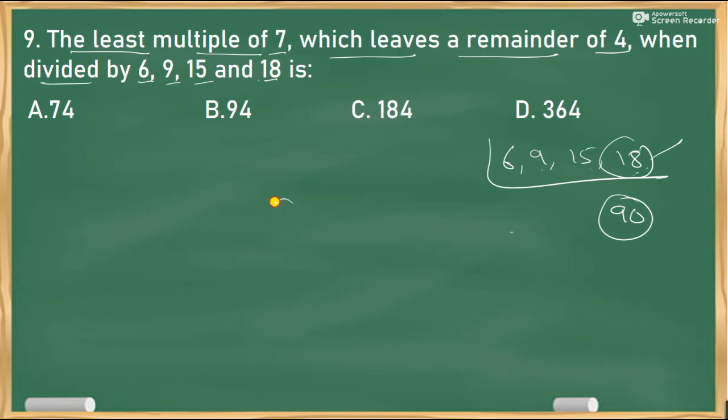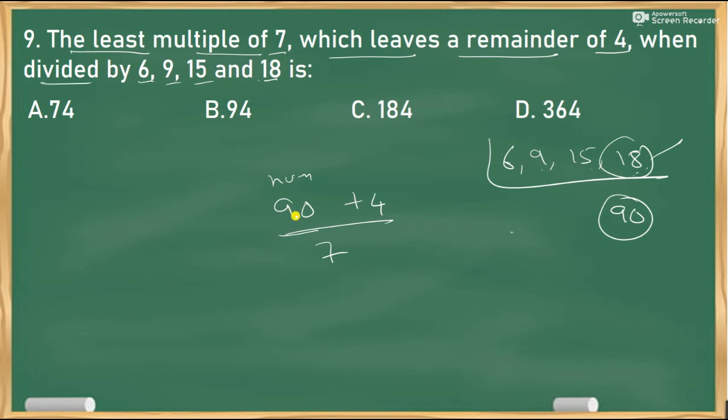Fine. Now I have to find a number with the remainder 4. Clear? Yes. Okay. Now how to do this? Now you divide this by 7. When I divide by 7, what remainder do I get? 7 ones are 7.